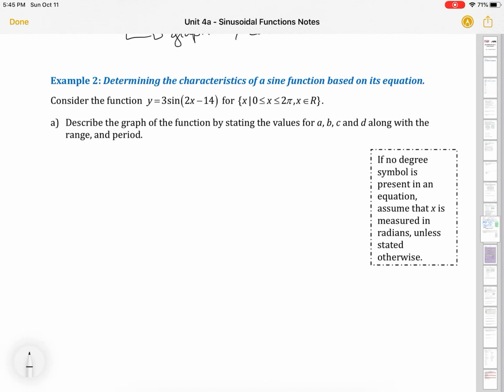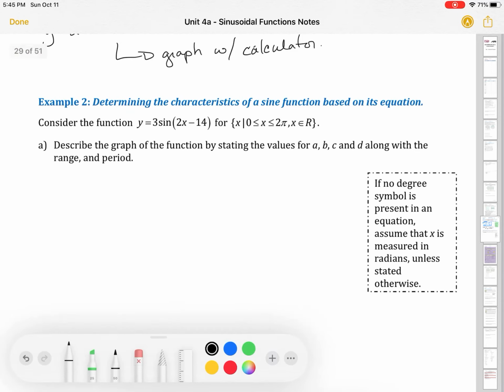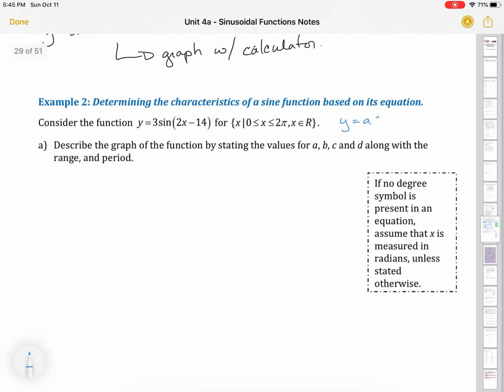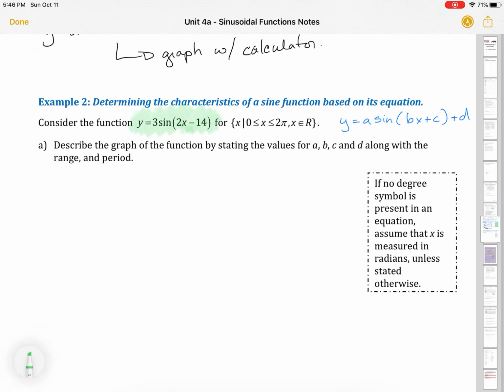Determining the characteristics of a sine function based on its equation. So again, I'm going to write out our equation, our standard, so to speak. y is equal to a sine (bx plus c) plus d. Now, here we have the equation: y is equal to 3 sine (2x minus 14), with x minus 14 in brackets.